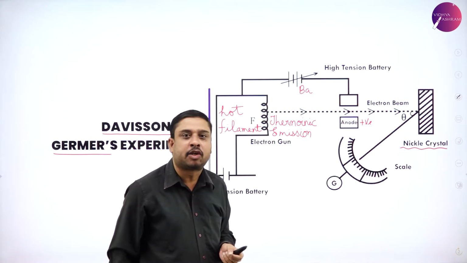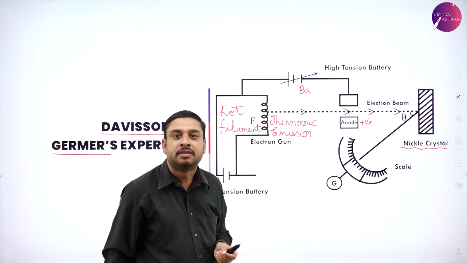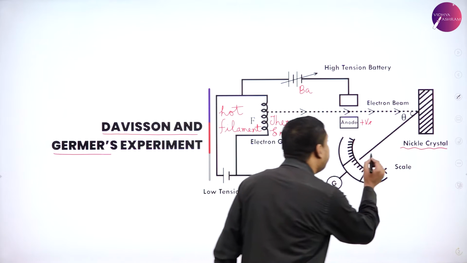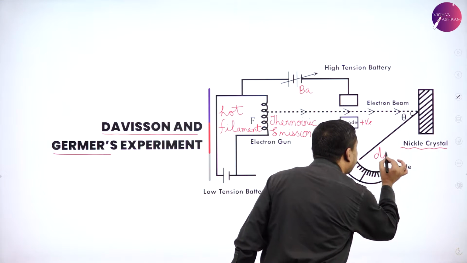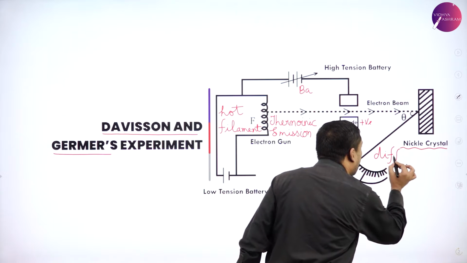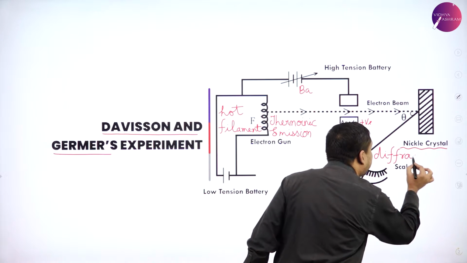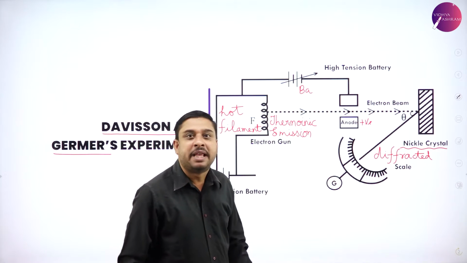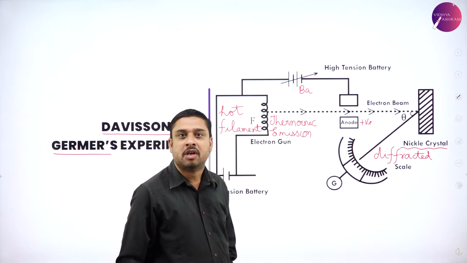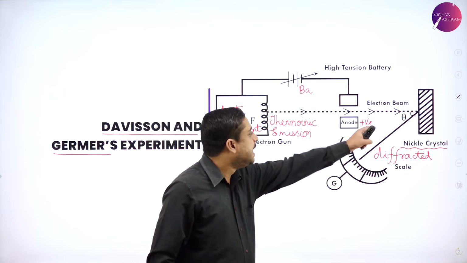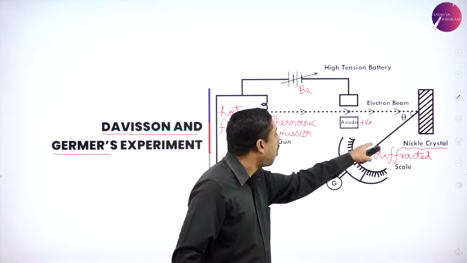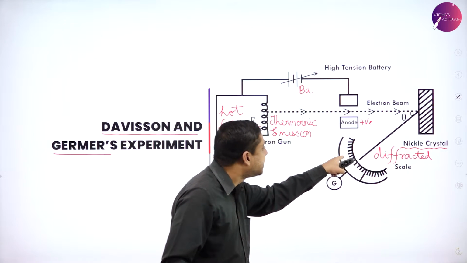This electron beam is now diffracted. Please do note the word diffracted, from the atoms of the nickel crystal, and falls on the measuring scale.